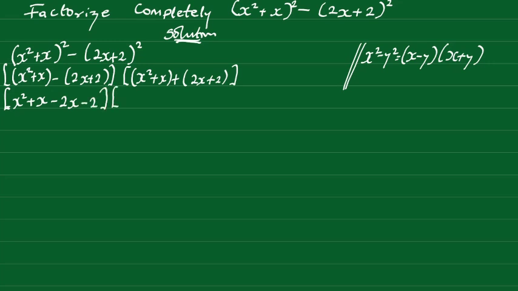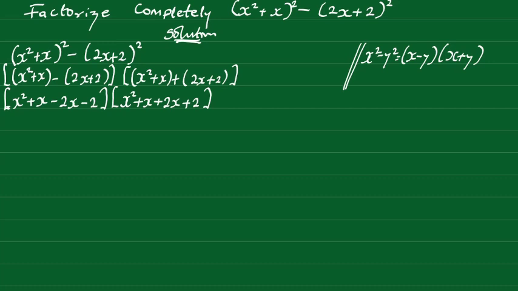We open the other bracket: x² + x, plus times 2x gives us plus 2x, plus times plus 2 gives us plus 2, bracket close.